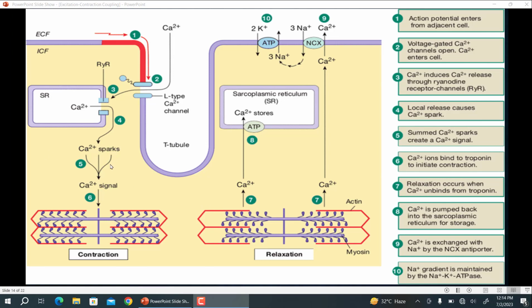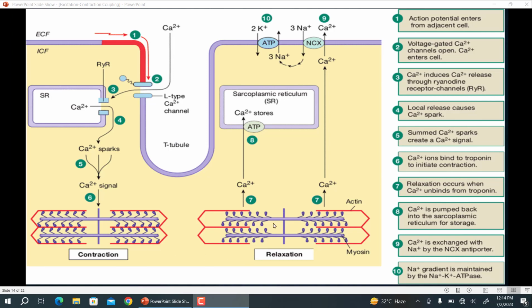Both these calcium sources sum, and this summation causes a spark. The calcium attaches to the troponin on the actin molecule of the myofibril and activates the myosin head, and contraction of the myofibril occurs and it becomes shorter.